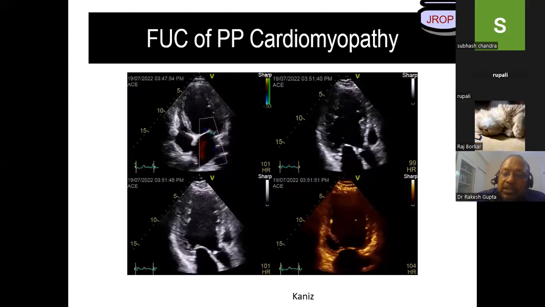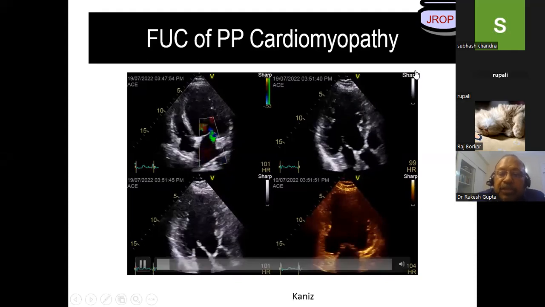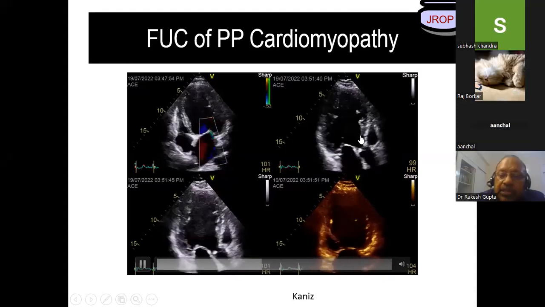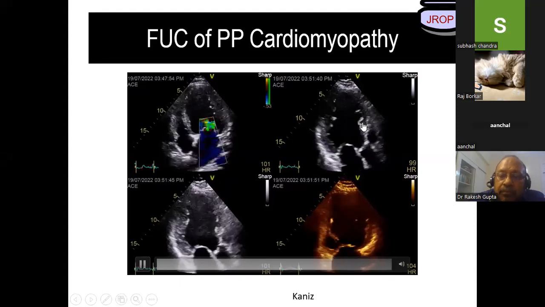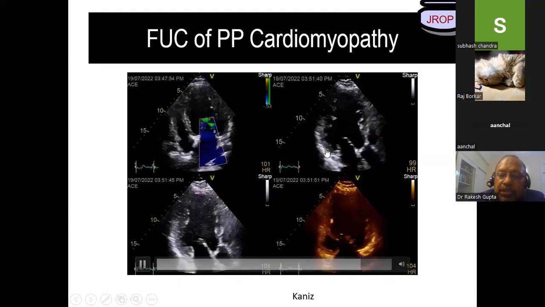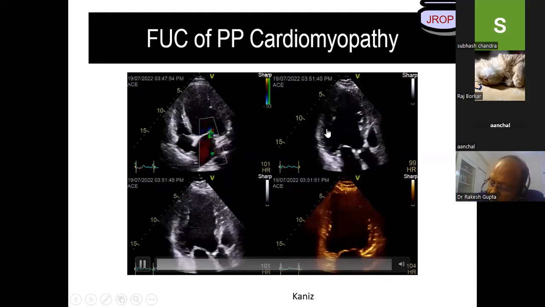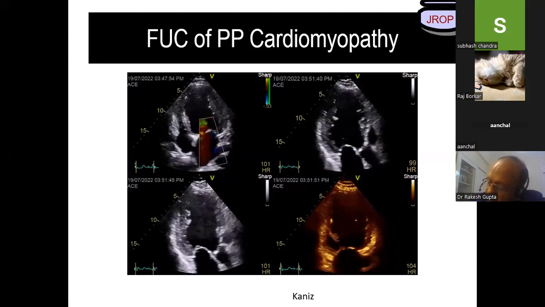In the three-chamber view, where is the septum? This is the septal, sir, anteroseptal. Septum, anterior septum or posterior septum? Anterior septum, sir. And what is this wall? Sir, this is the posterior wall. Okay, so where is the hypokinesia? Basal septum, sir. I think so. I'm not sure.